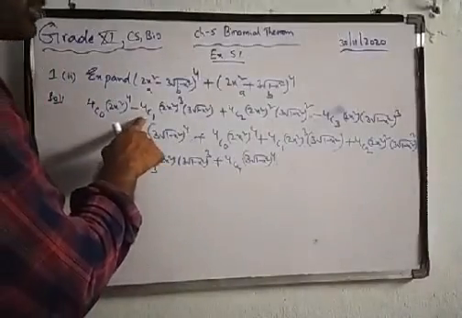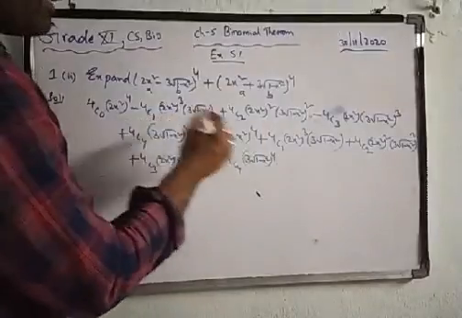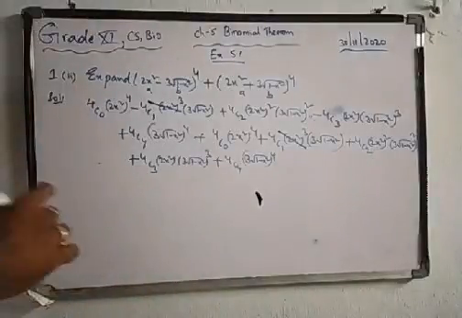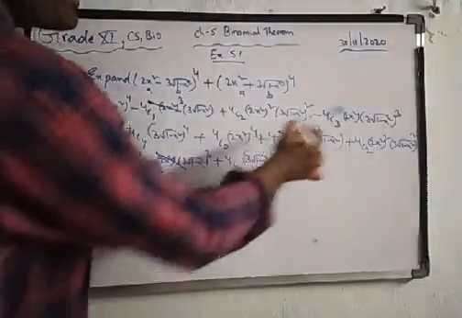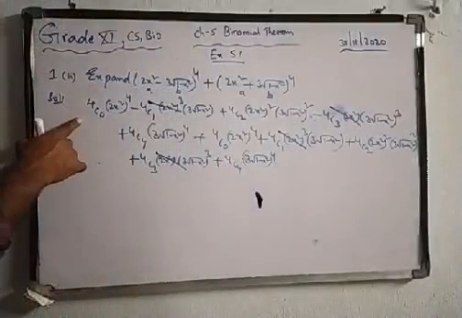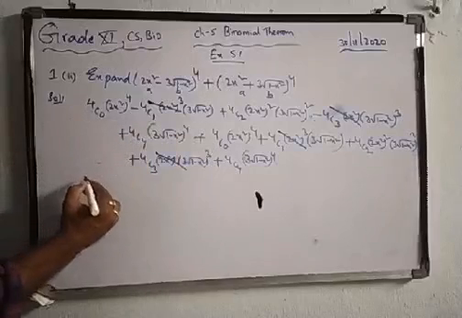Here, minus 4C1 plus 4C1 gets cancelled. Next, minus 4C3 plus 4C3 gets cancelled. Okay, 4C0 and 4C0, it is double.